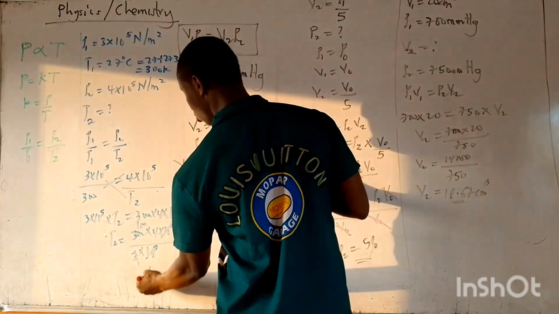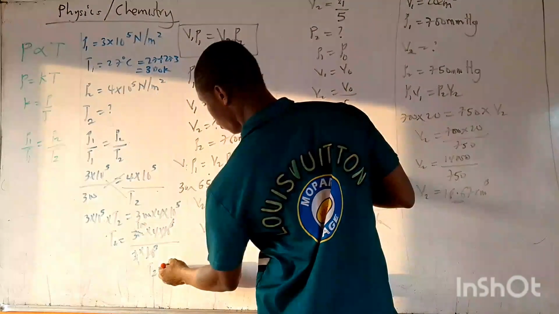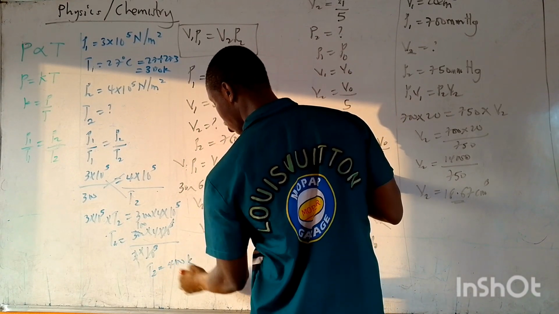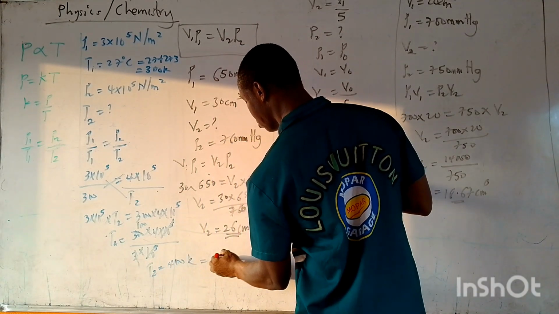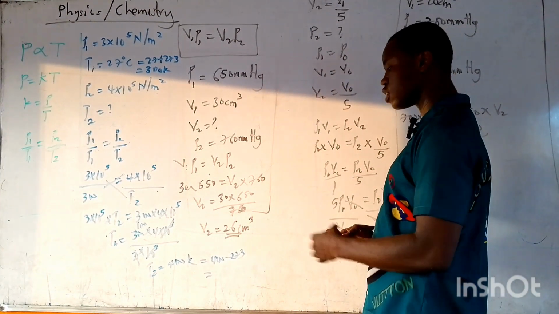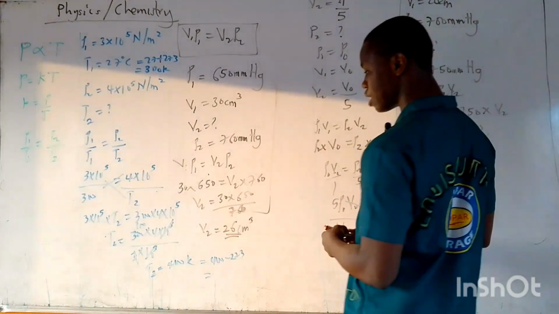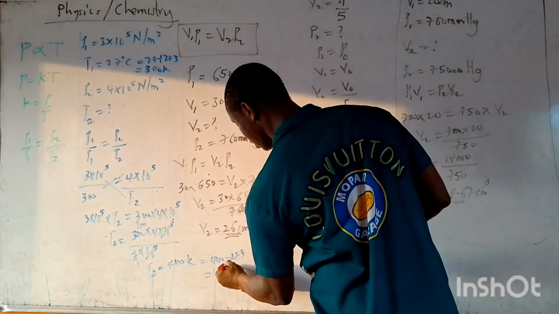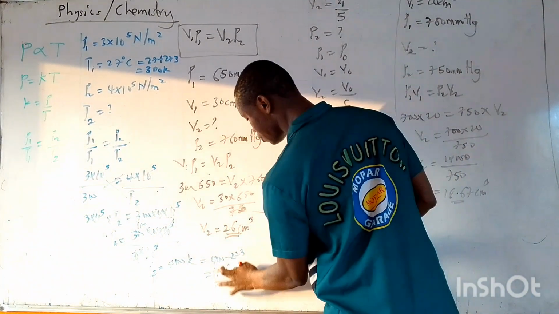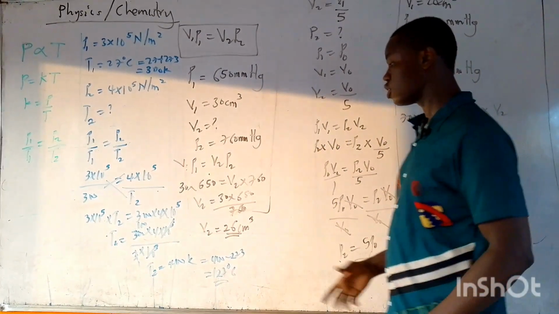So T2 is equal to 400 Kelvin, which is 400 minus 273, that gives us 127 degrees Celsius. And that is it.